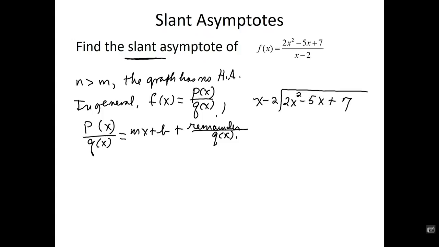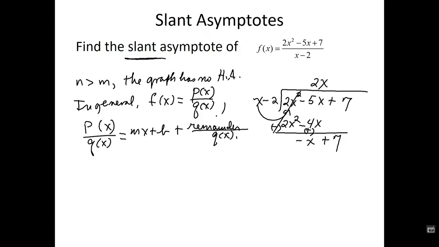All right, so x divided into 2x squared is 2x. 2x times x is 2x squared. 2x times negative 2 is negative 4x. Now we subtract by changing the signs here. Minus 2x squared plus 2x squared is 0. A positive 4x minus 5x is negative 1x. And now bring down the next term, which is 7.